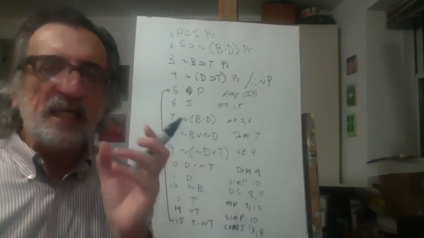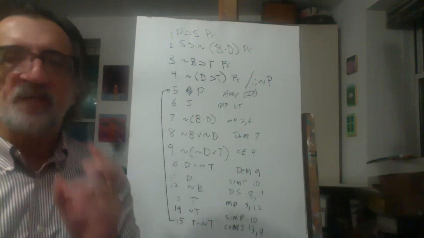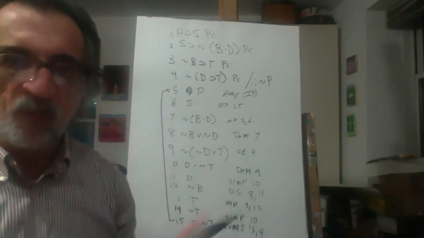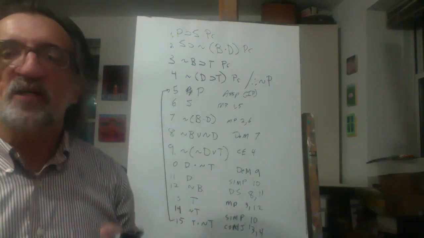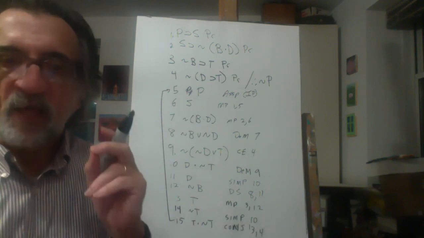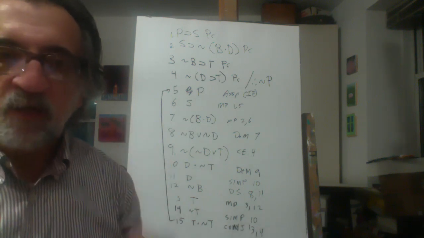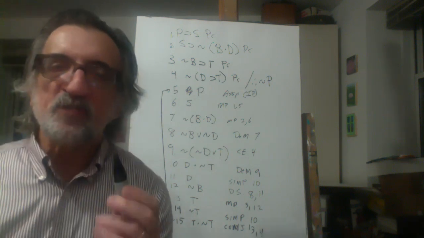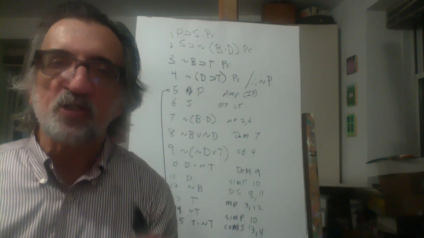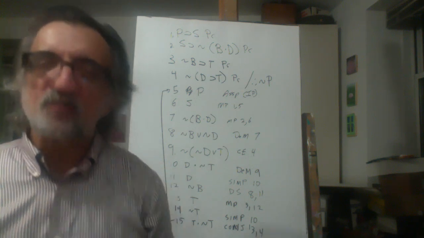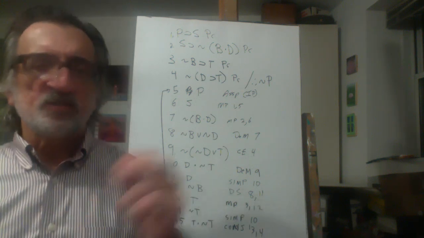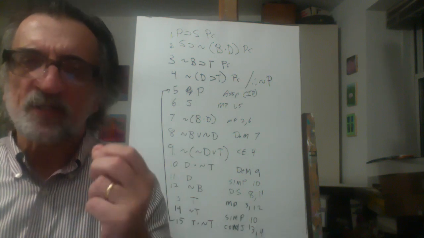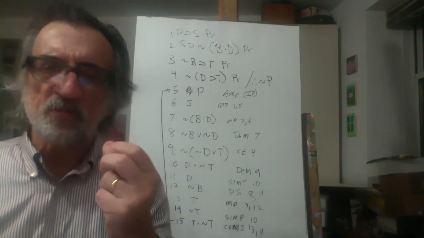In that inside proof, in that indirect proof within the larger proof, we started by assuming P, and we arrived at a contradiction. Notice the contradiction does not have to be a contradiction of P. That's what's misleading about sometimes calling this a reductio ad absurdum.